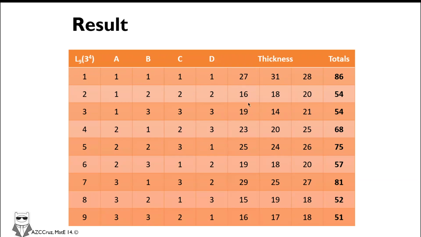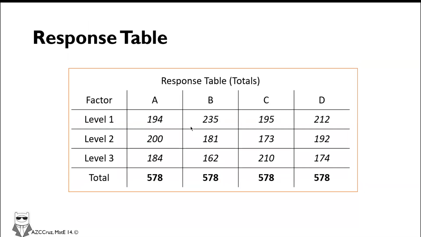This is an example of high variability, no? 19, 14 and 21. If you look at it, same settings, 1, 3, 3, 3 siya na setting, and you can see na it's all over the place. Minsan 19 siya, minsan 14, minsan 21. So, yung control factor, gusto niyang iiwasan itong mga ganito. Nire-reduce niya yung variability na to.